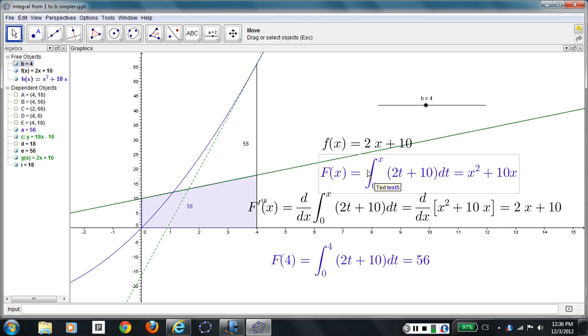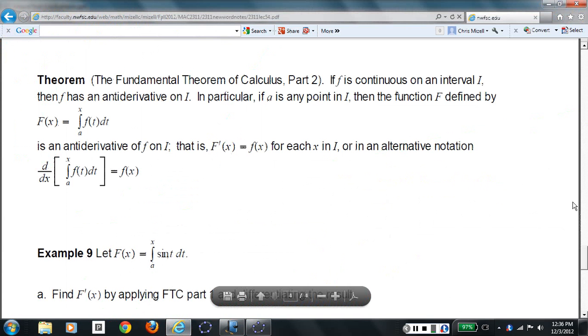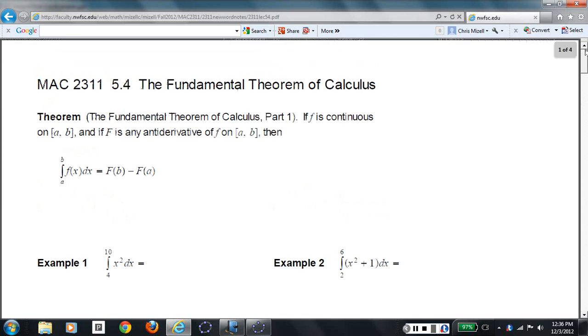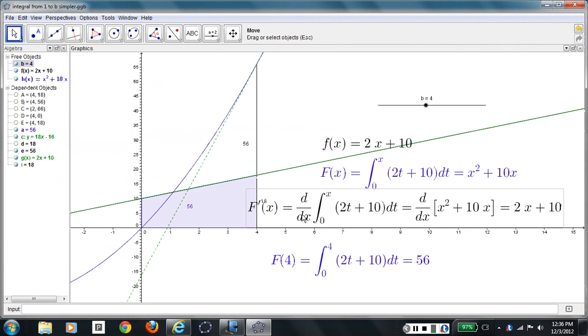To take the derivative of this function, what I did was use the fundamental theorem of calculus part 1, where we find an antiderivative of the function in here, evaluate at the upper limit and at the lower limit.